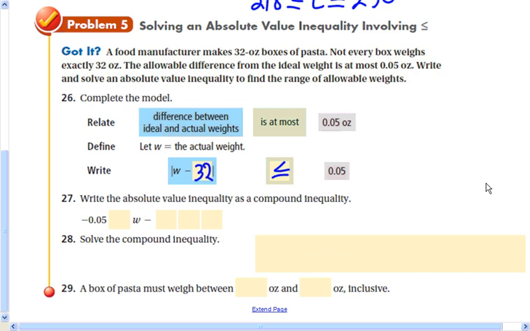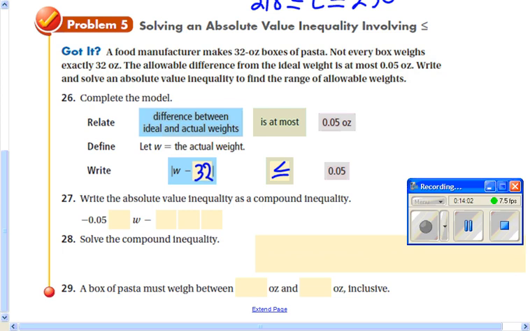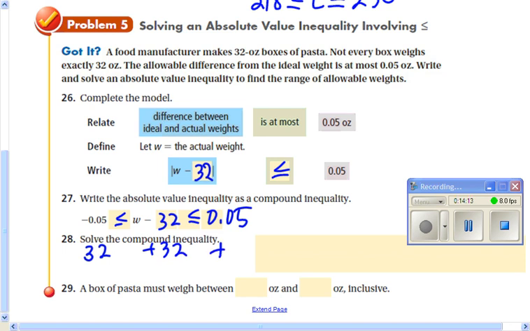So the absolute value inequality as a compound inequality would look like this. Negative 0.05 is less than or equal to W minus 32, which is less than or equal to 0.05. Here's the compound inequality. Now we would have to add 32 to each of these parts, and it's okay to use the addition property of equality this way with the compound inequality.